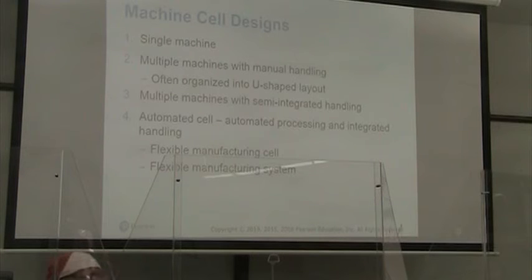In other words, they're partly automatic in their loading and unloading characteristics. Could be an automated cell where it's automated processing and integrated handling. Often these are thought of as a flexible manufacturing cell or a flexible manufacturing system.